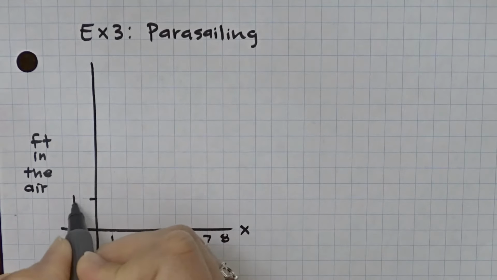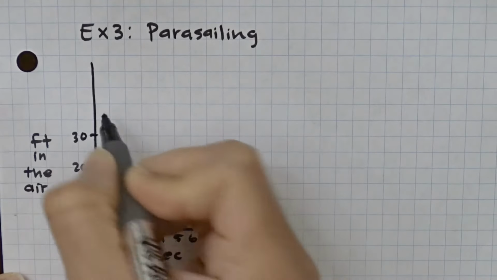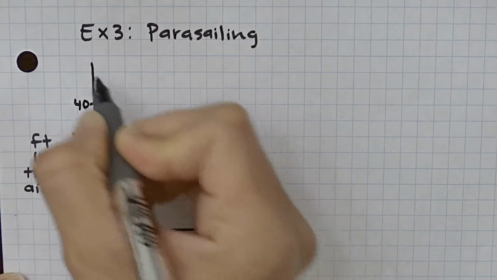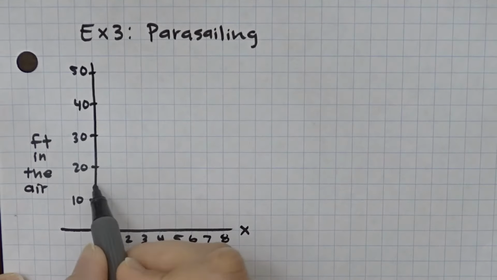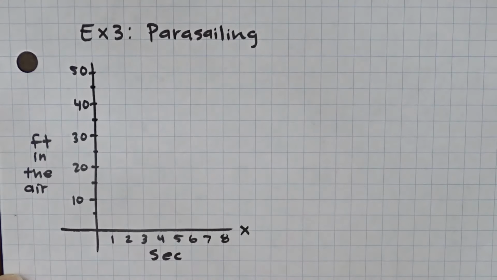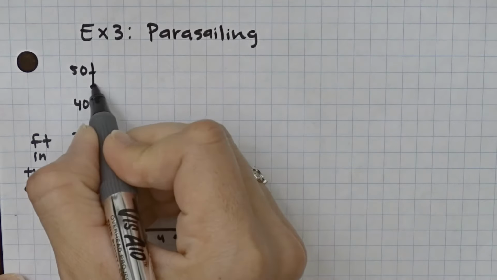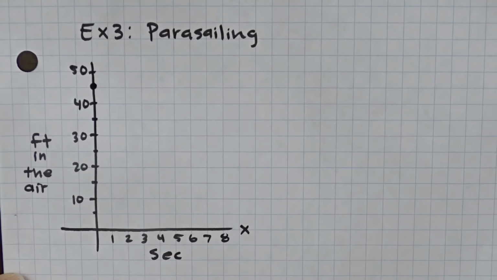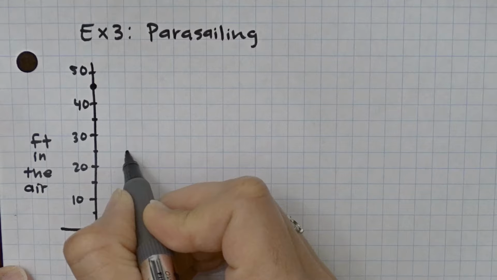So this would be 10 feet, 20 feet, 30, 40, and 50. So it goes by fives. 5, 10, 15, 20, 25, 30, 35, 40, 45, 50. And we know that at 45 feet, you have an intersection there. And you have another coordinate at 2, 25. At 2 seconds, you are 25 feet in the air.